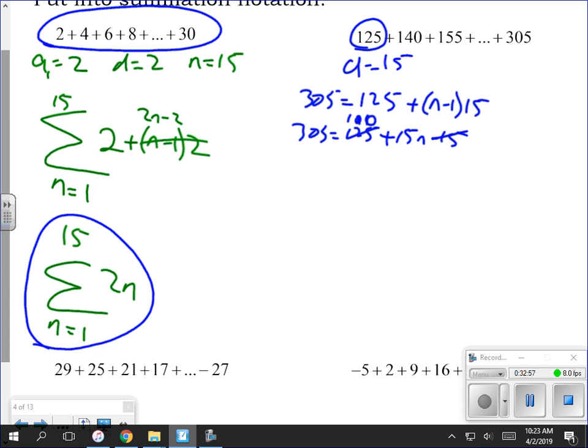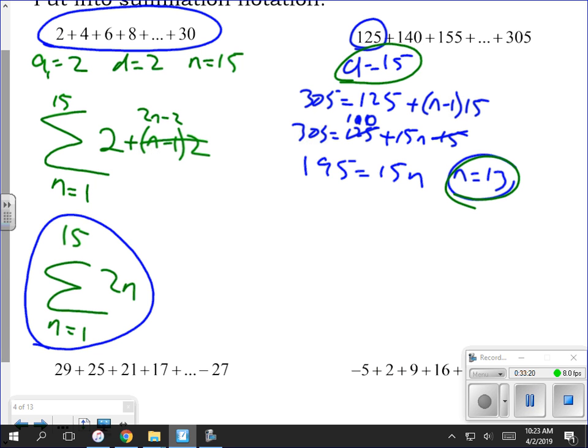Subtract 110 from both sides. So I end up getting 195 equals 15n, divided by 15. And I get n equals 13. Those are the 3 things I need to have. I need to have how many, I need to have my D, and I need to know the first one.